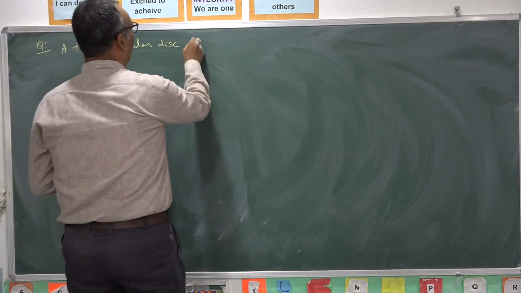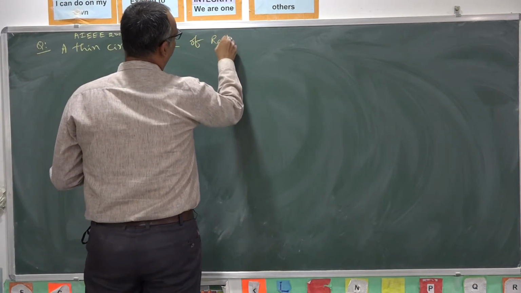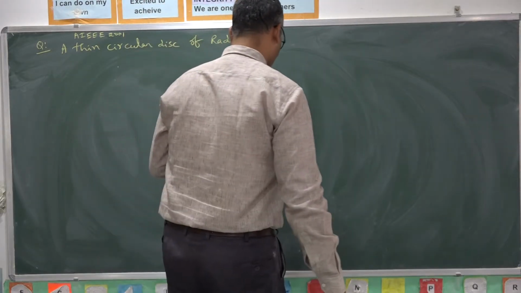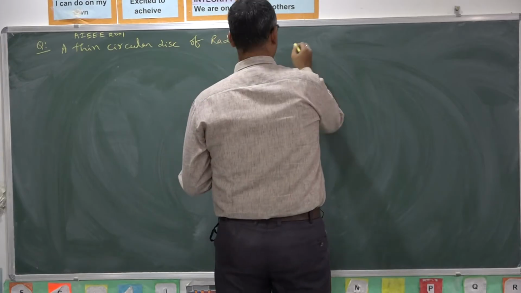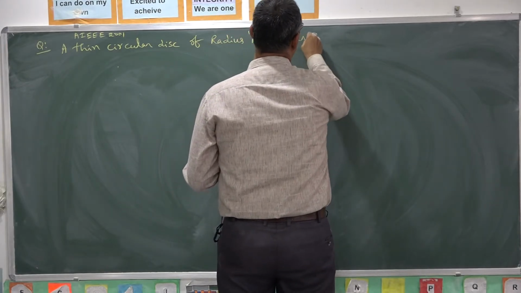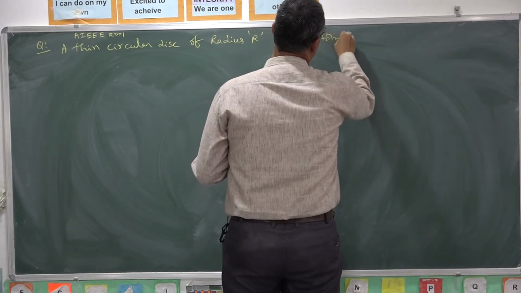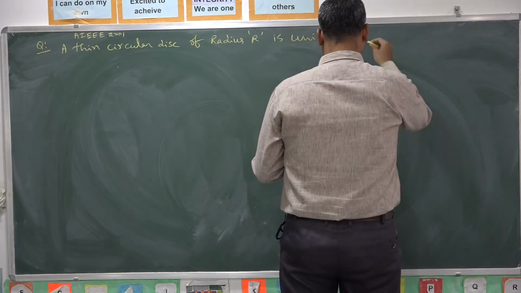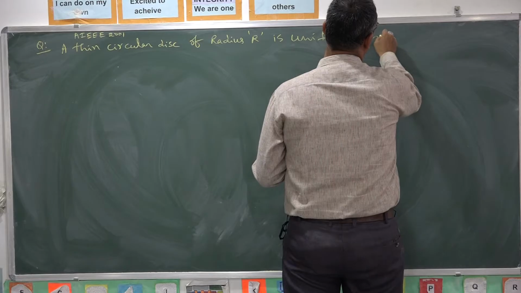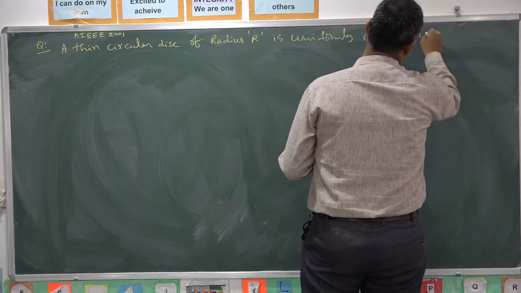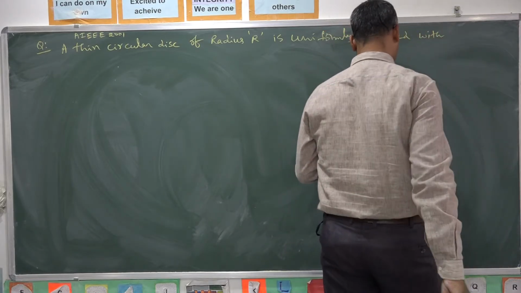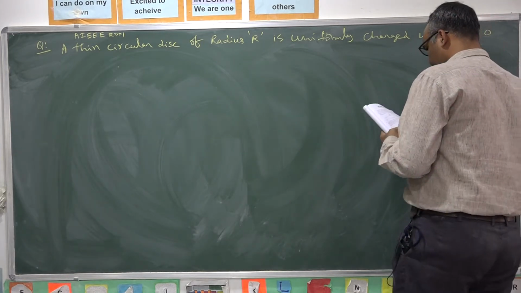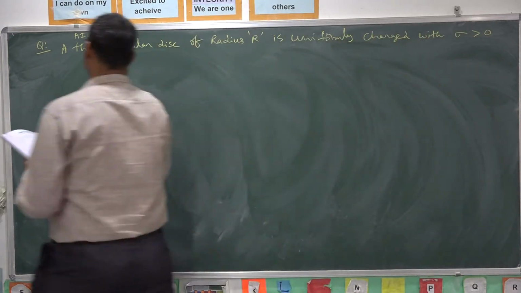The question says, a thin circular disc of radius r is uniformly charged with sigma greater than 0 per unit area.